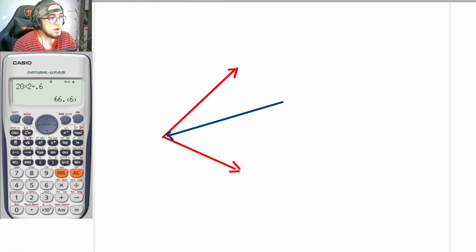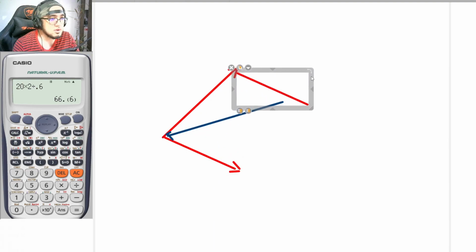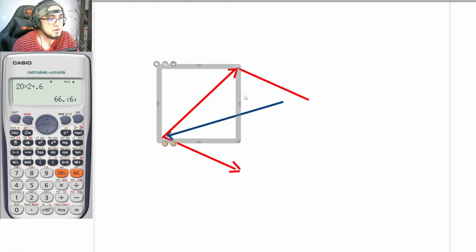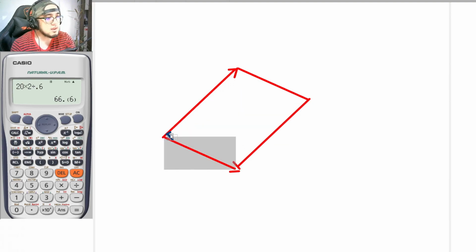Similarly, when we solved for the resultant a while ago, we made a line here and a line here, and then this is the resultant of both vectors, assuming of course that this is just an imaginary line.